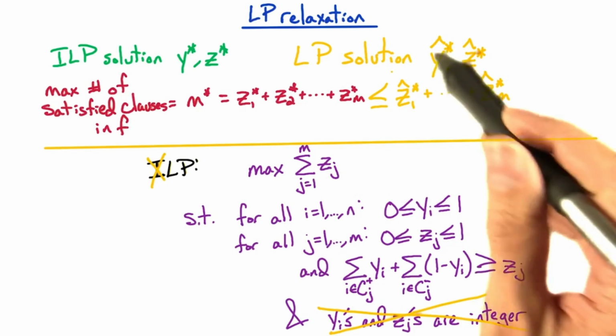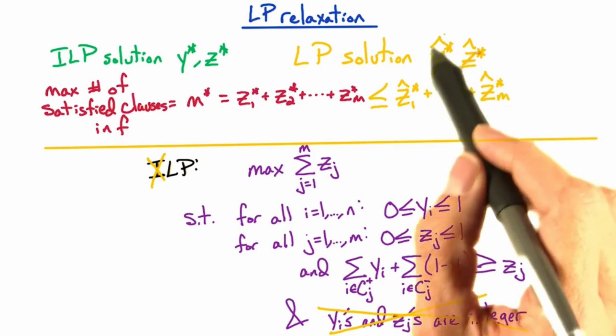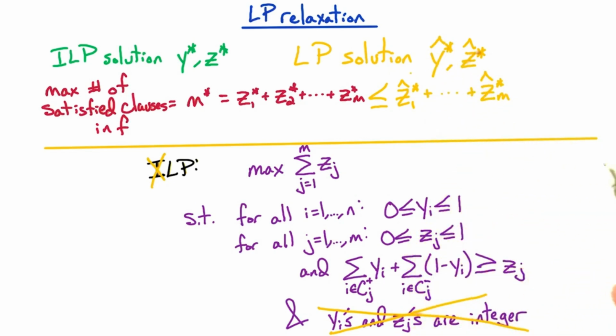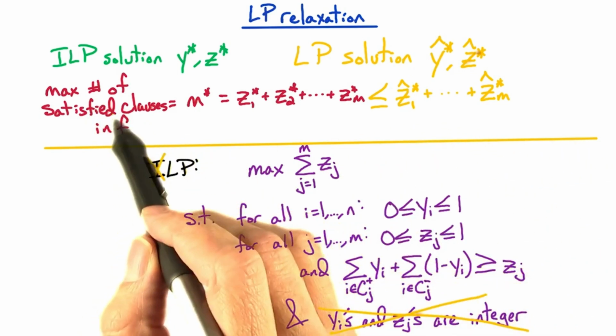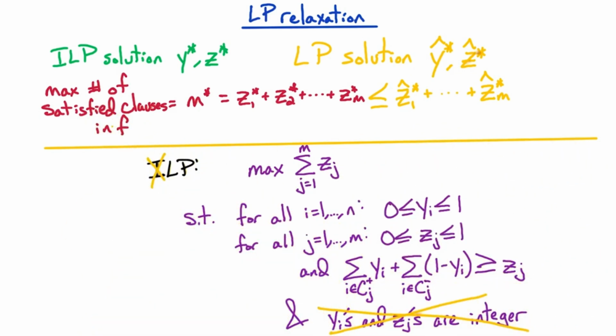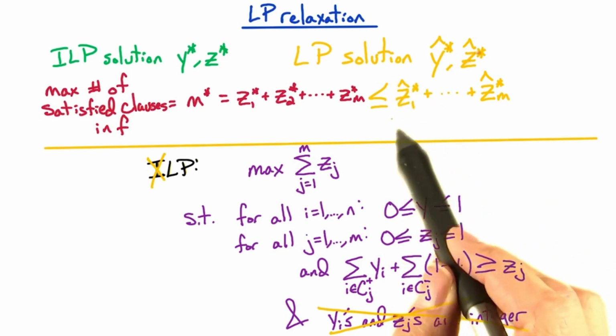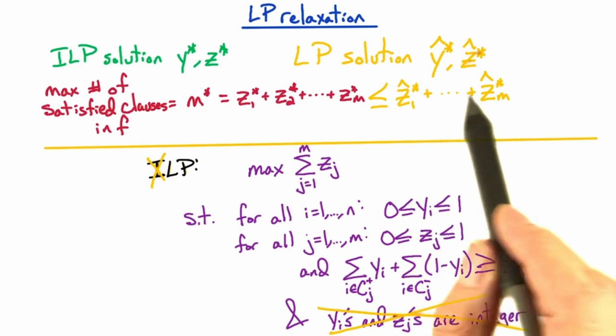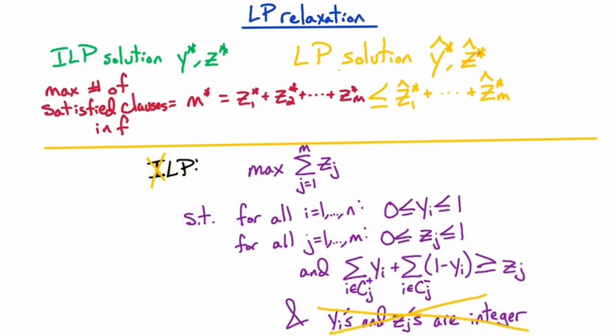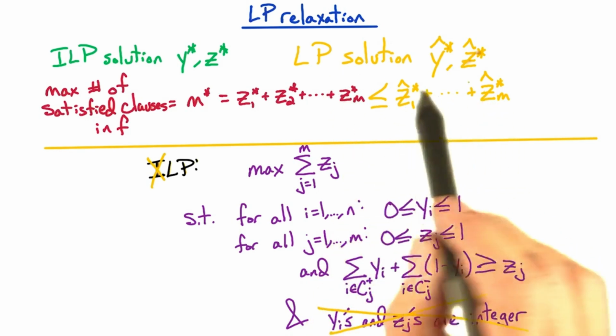And we're going to do this in a probabilistic way. Now, once we round these to integer points, then we have a valid true-false assignment for our SAT input F. And then we're going to prove that this rounded integer point is not that much worse than the original LP solution, the fractional solution.